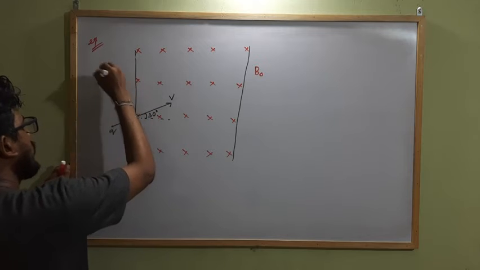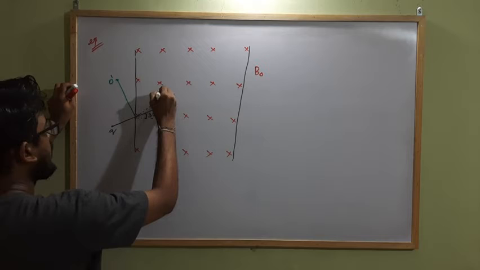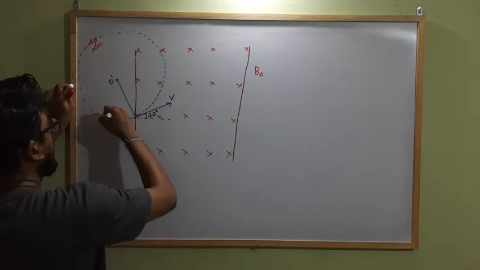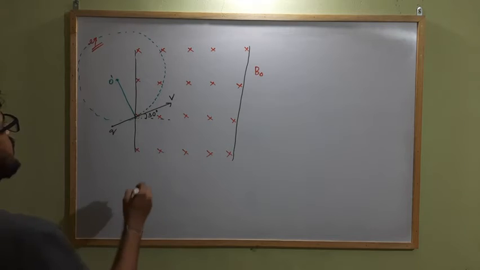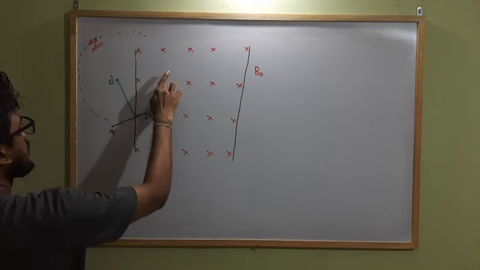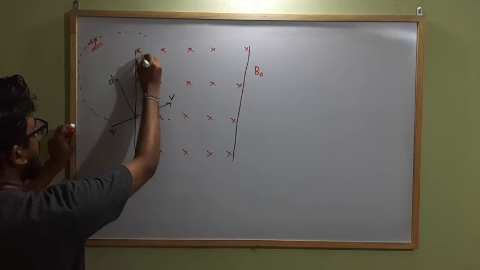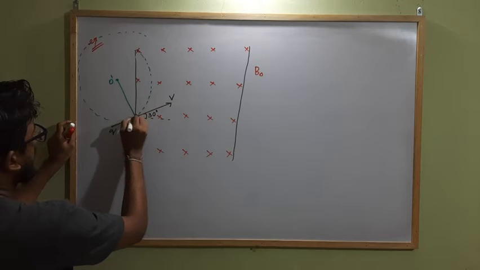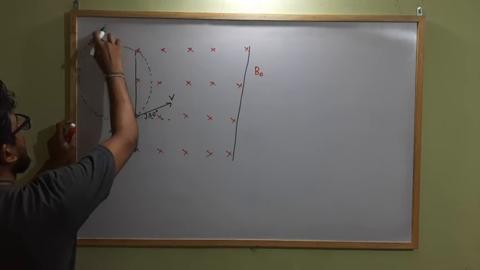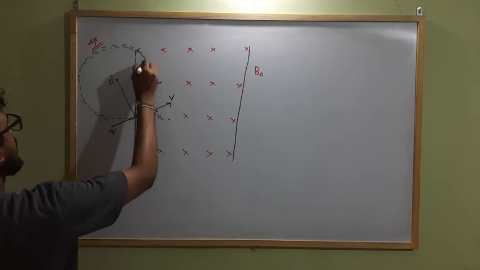So the center O dash of the circular path will be like this, so the particle will revolve in the plane in a circular path like this.